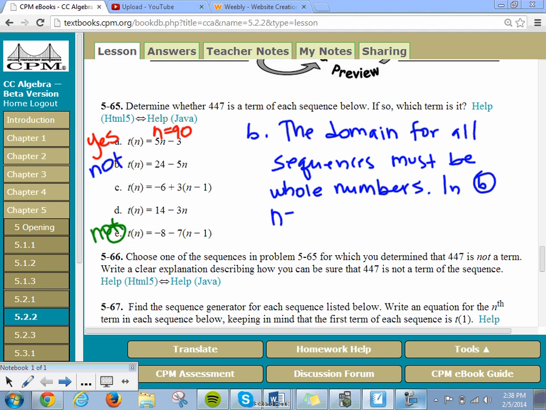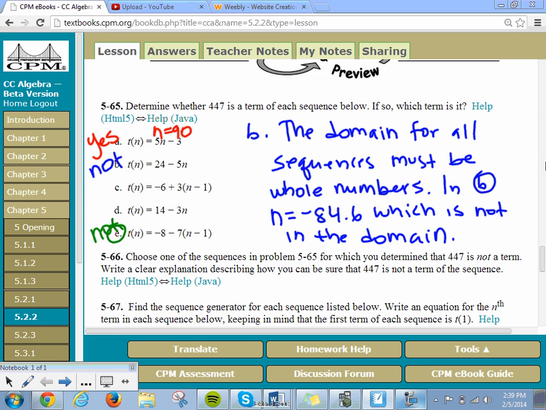So our answer was that n was equal to, I believe it was negative 84.6, which is not in our domain. And that's a clear explanation of why it cannot work, talking about how our domain has to be those whole positive numbers. All right. So if you want to, you can pause the video and finish writing that down.